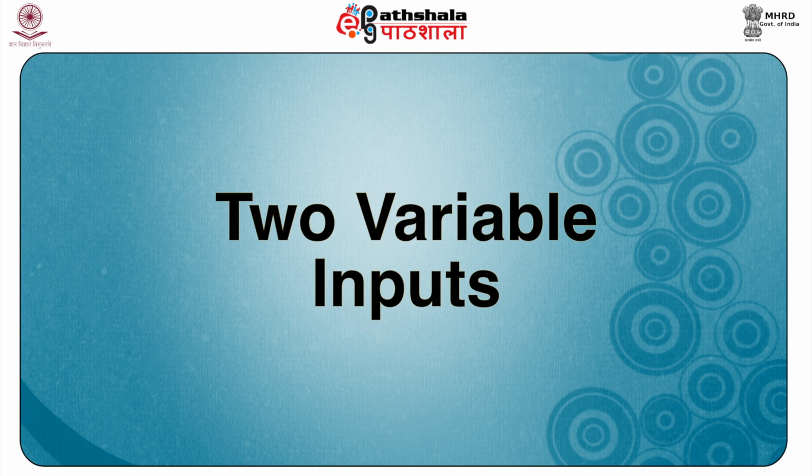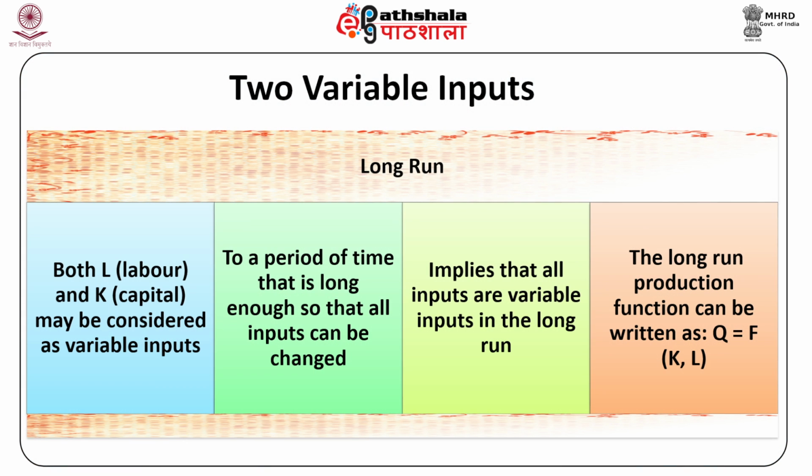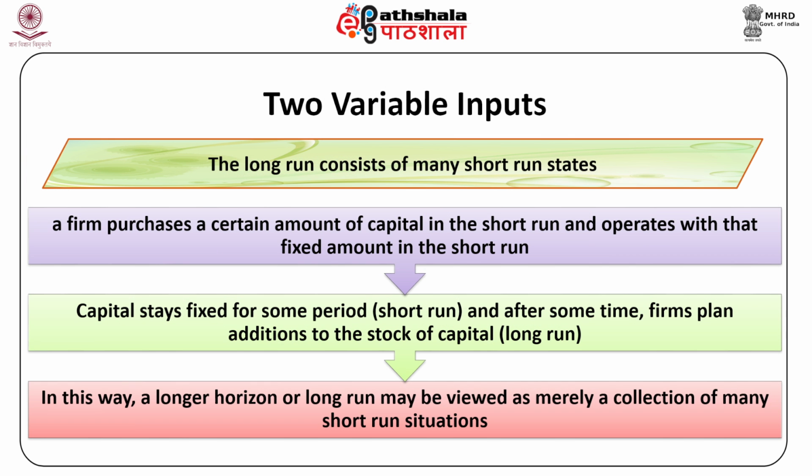Next is the two variable inputs. Generally, in the longer run, both L, labor, and K, capital, may be considered as variable inputs. According to economists, the long run refers to a period of time that is long enough so that all inputs can be changed. This implies that all inputs are variable inputs in the long run, and the long run production function can be written as Q is a function of K and L. Actually, the long run consists of many short run states.